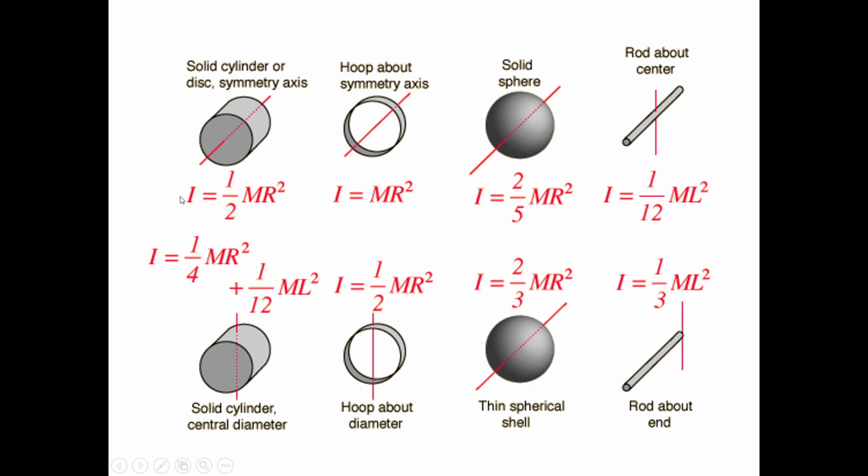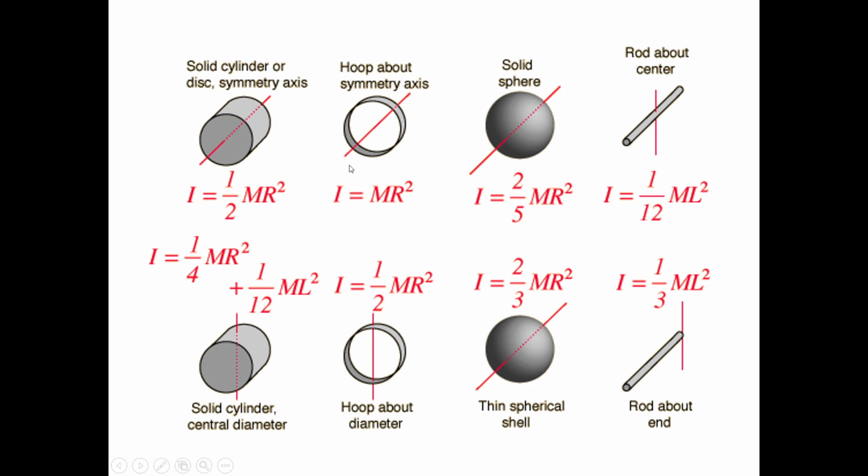Notice that the formula, the moment of inertia, is the total mass of this thing times the radius of the disk, that circular part, its radius, squared with a 1/2 out in front of it. And it doesn't depend on the thickness of the disk or the thickness of the cylinder along the axis direction. So it could be really thin. We could think of it as a thin disk or a thick cylinder.